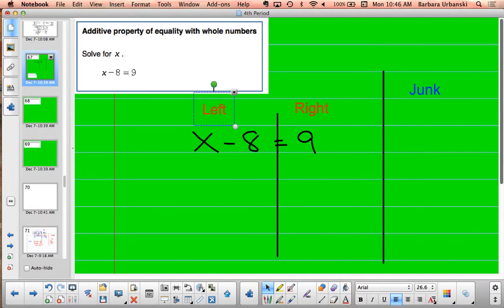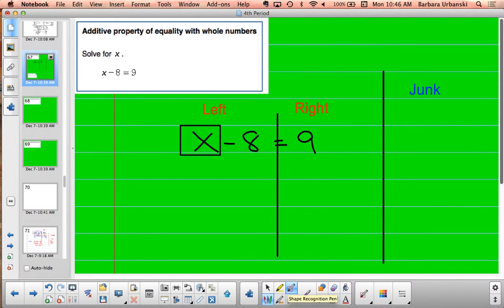The next thing that we're going to do is isolate our variable. I'm going ahead and I'm going to box it out. So I know I need the x all by itself. This next part is the most important. It's just the critical thinking where you're saying to yourself, I want the answer to that x. I need to know the answer.